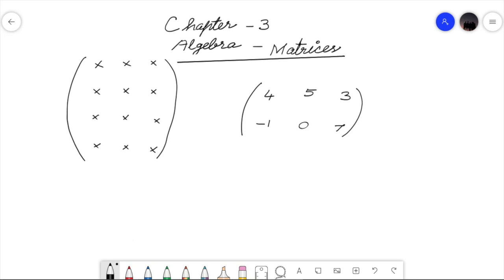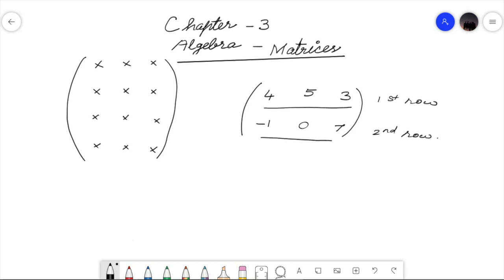Now you see this one, 4, 5 and 3. They are in the first row. And this one, minus 1, 0 and 7, are in the second row.